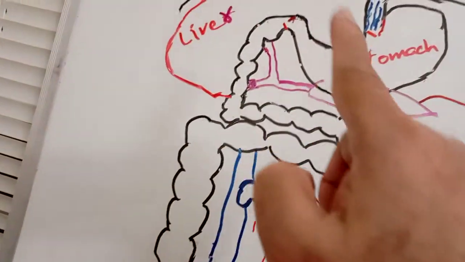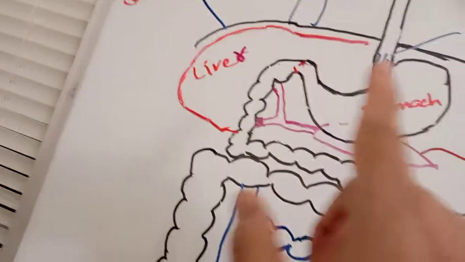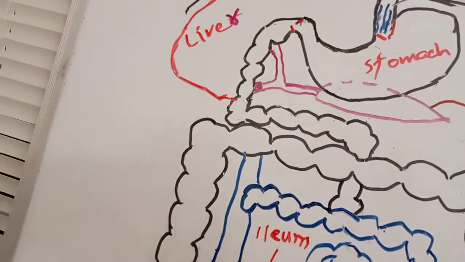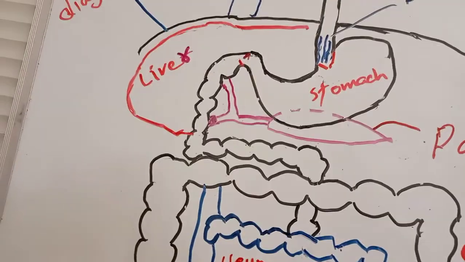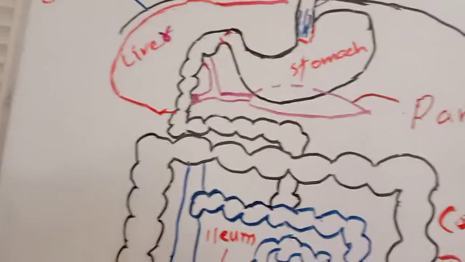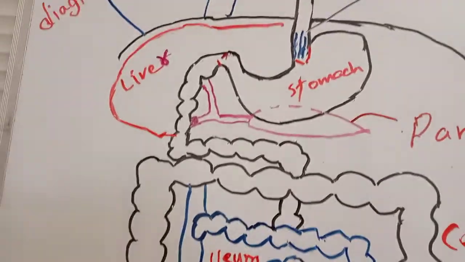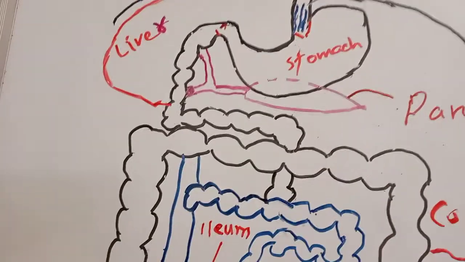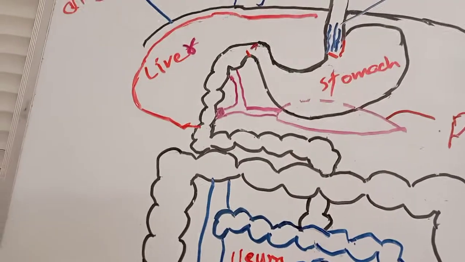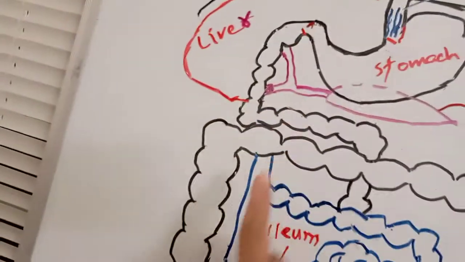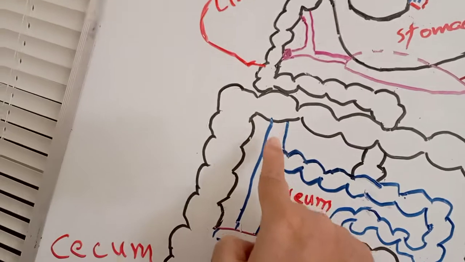This is the liver. So if there is cirrhosis or fibrosis in the liver, it obstructs the passage of blood through the liver. So there is a blockade here in the liver, and blood in the inferior vena cava cannot go past the liver.